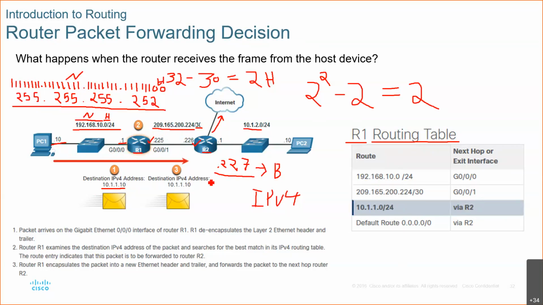If you're going through 10.1.0, then you have to travel through R2. It doesn't care where, it only knows that it has to send it to R2. And this is the technology of your internet. That's how communication happens: routers communicating with each other and sending data to each other.